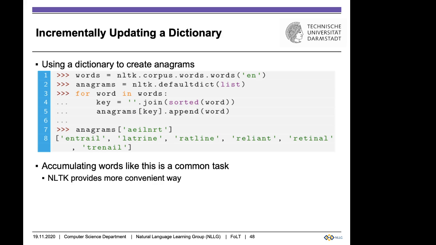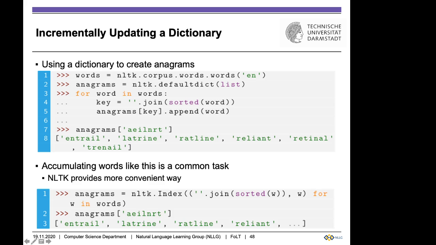After that, we just iterate over every single word. Then we use the sorted function to rearrange all the characters in ascending order for every single word. And then we can make the entries in the anagram dictionary by mapping the sorted word to a list of anagrams.